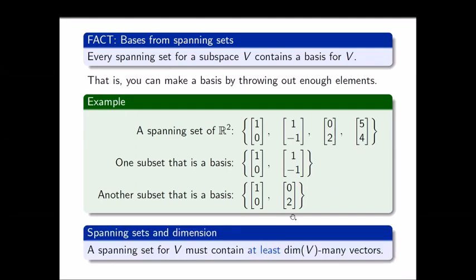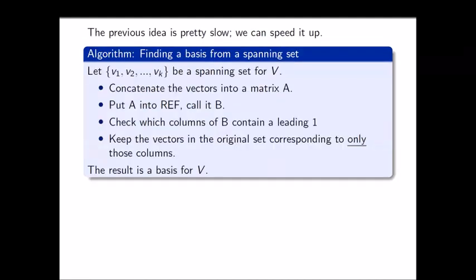And this tells us that any spanning set for a subspace V must have at least dim V many vectors. So this idea of throwing out vectors works, but it's kind of slow.